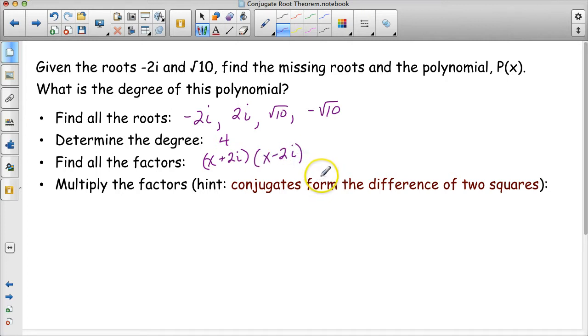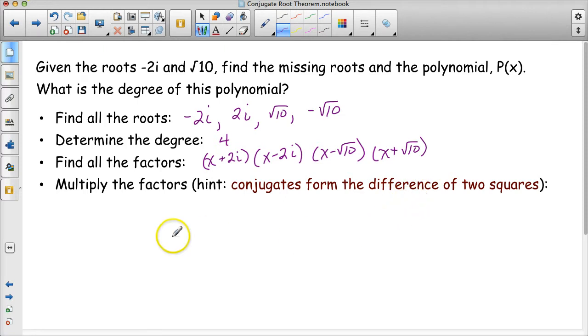If the square root of 10 is a root of my polynomial, then x minus the square root of 10 is a factor of my polynomial. And if negative square root of 10 is a root of my polynomial, then x plus the square root of 10 is a factor. Now I found all 4 factors of my polynomial.